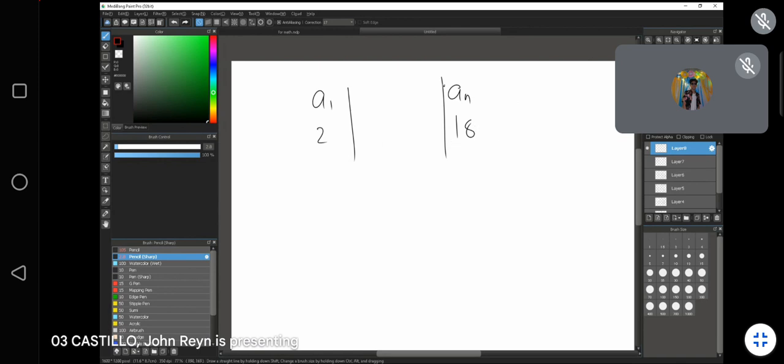So we'll try to solve for n here. We can use again the formula a sub n equals a1 times r to the n minus 1. Since we know the value of a sub n, that would be 18. We know the value of a1, which is 2. Let's just put the common ratio. I forgot to put the common ratio. Common ratio should be there. So we have the common ratio, but we don't know the value of n.